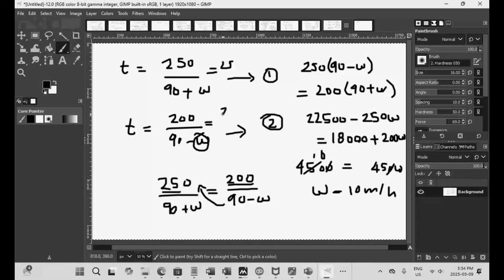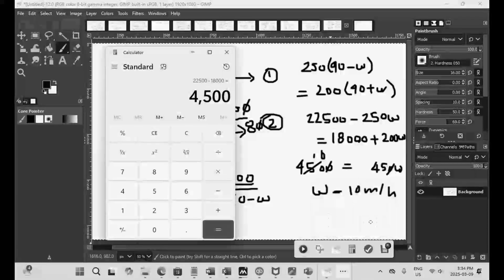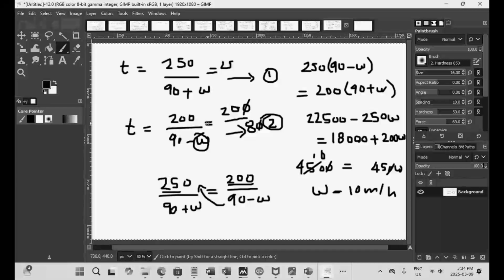So this is 200 divided by 80, so 20 divided by 8. This will be 2.5.